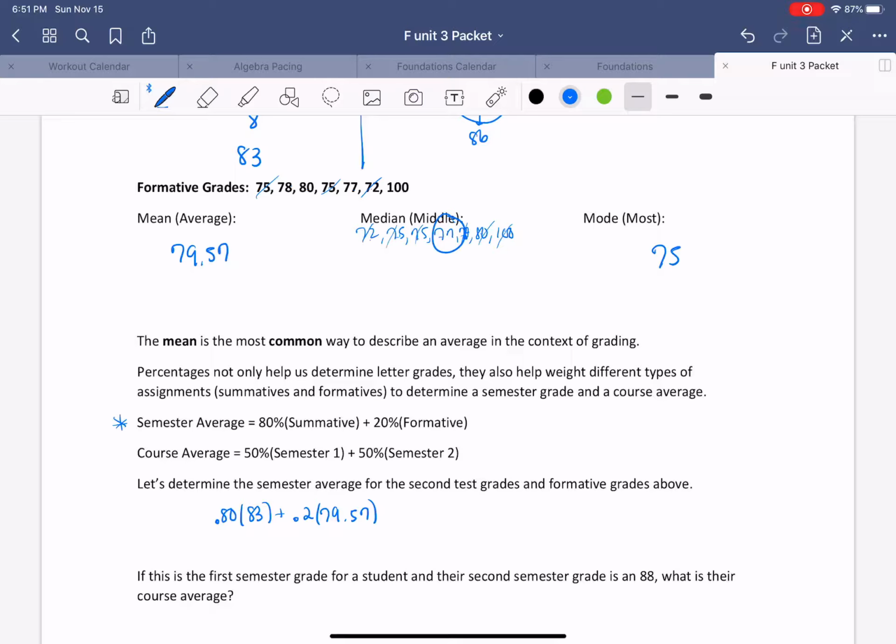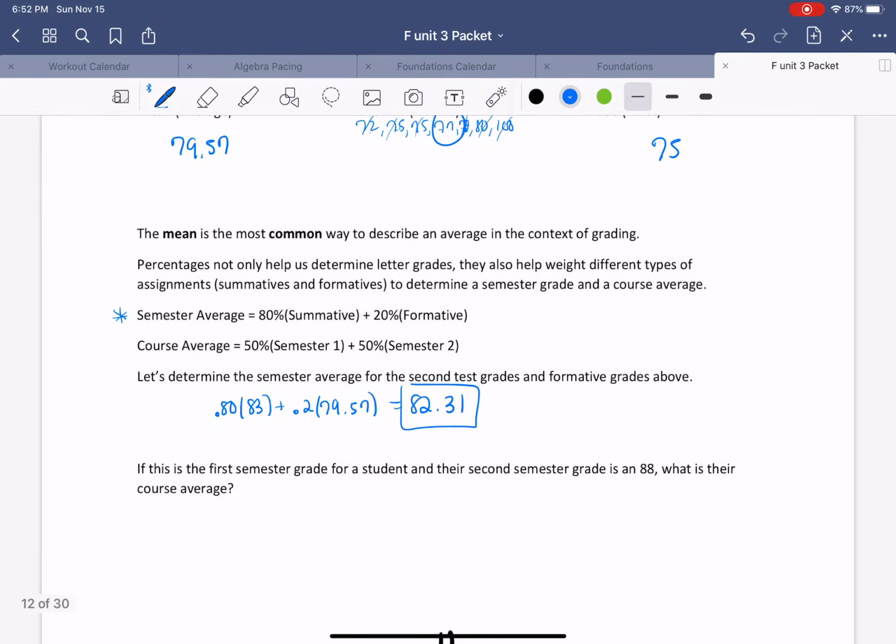So 80% of your grade is your average for summatives, 20% is your average for formatives. And then I just plug that into my calculator. And I get 82.314 rounded to 82.31.